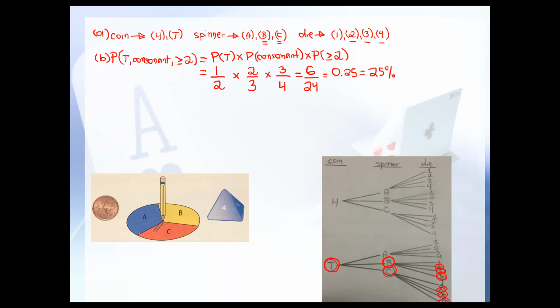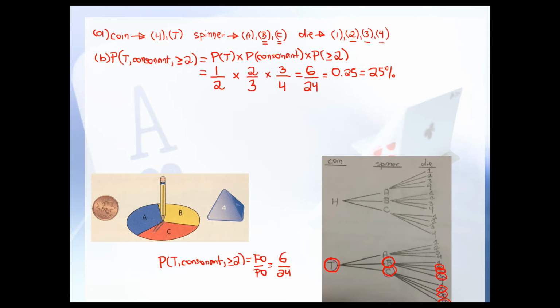If we calculate it the other way, it'd be our favorable outcomes over the possible outcomes. How many branches on the tree? There's 24 of them. And how many ways can you get tails, a consonant, and greater than or equal to 2?